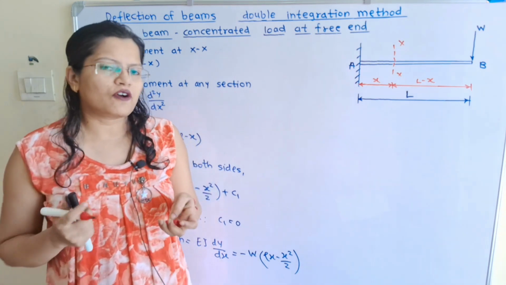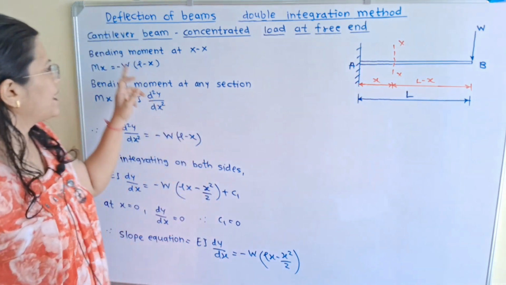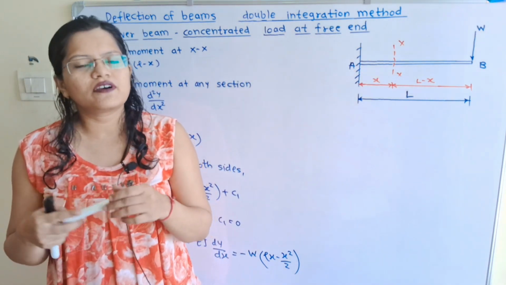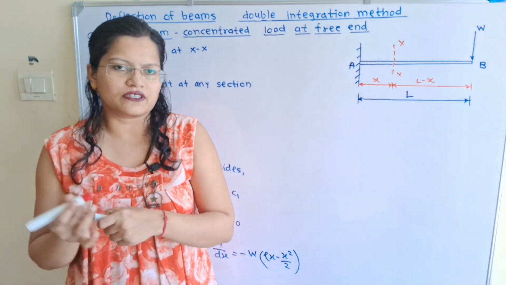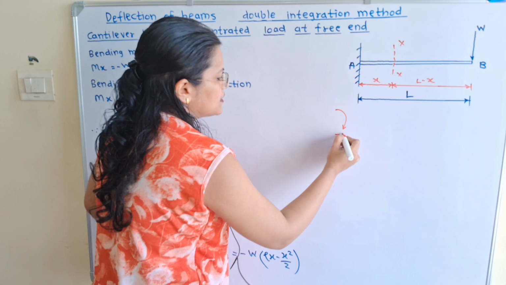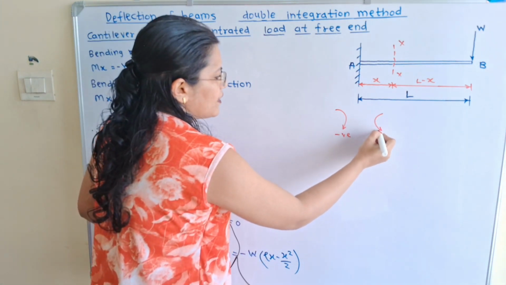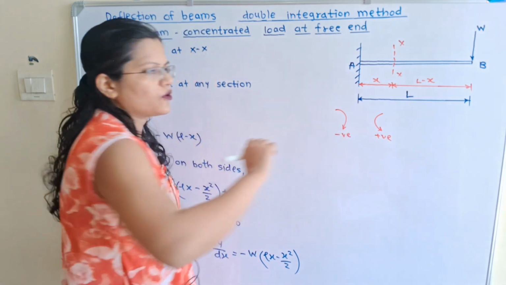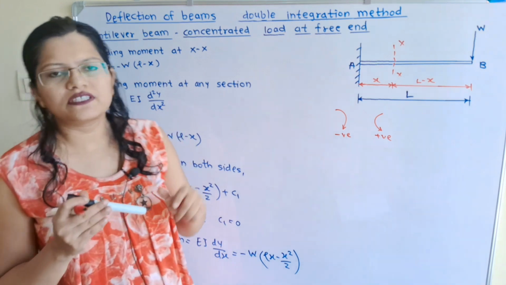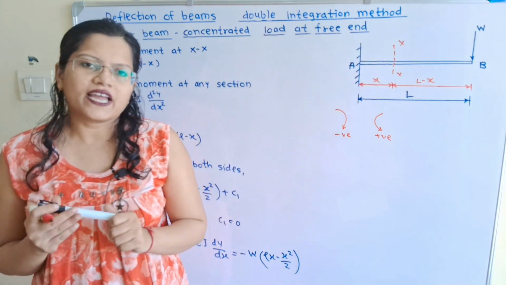Now we will find out the slope equation. So we have to first find out the bending moment at this section XX. For that we will first consider the sign convention. When the moment is in the clockwise direction, we will consider negative sign, and when the moment is in anti-clockwise direction, we will consider positive sign. Now how to take the bending moment of this concentrated load W about this section XX?